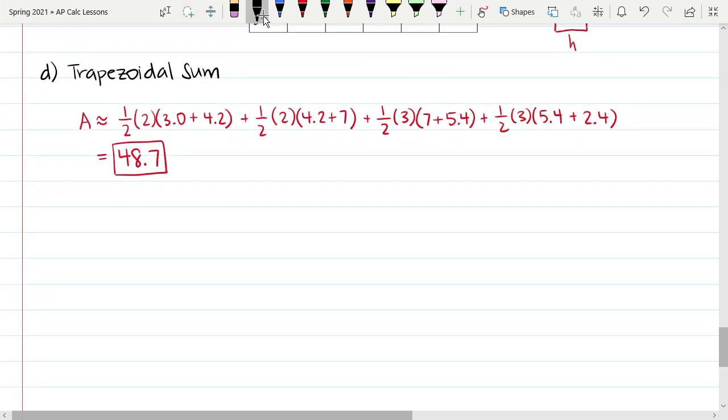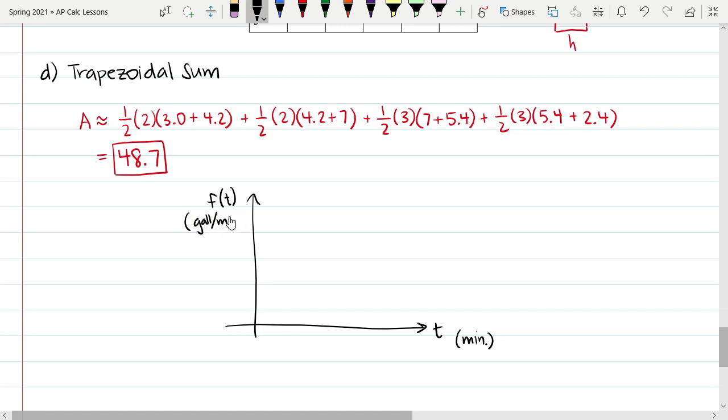So very briefly, let's say that our function is actually not in terms of x and y, maybe it's in terms of t and some function f of t. And maybe t is measured in minutes, and maybe f of t is measured in gallons per minute.